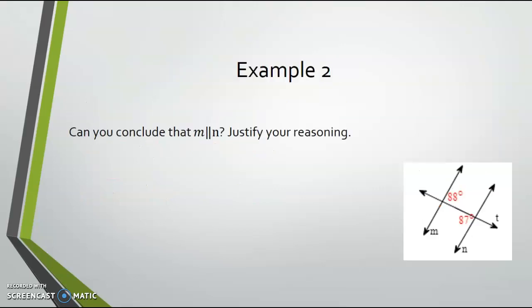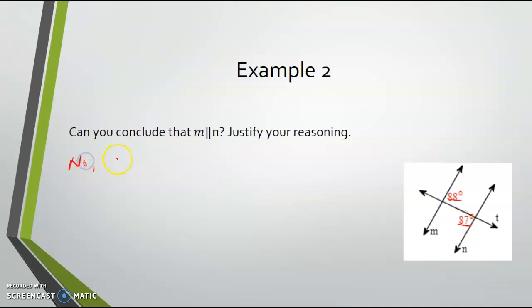So example 2: can we conclude that line M is parallel to line N? And we're going to justify our reasoning. When I look, I have alternate interior angles because they're on opposite sides of the transversal and inside. But when I look at it, this one's 88 and this one's 87. So can we conclude that M is parallel to N?